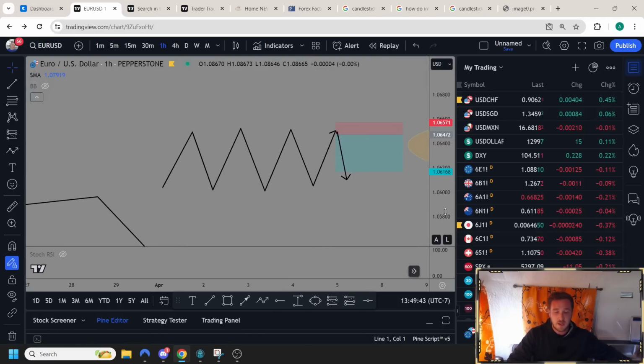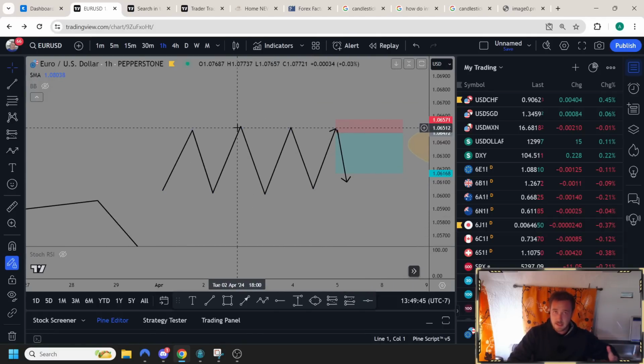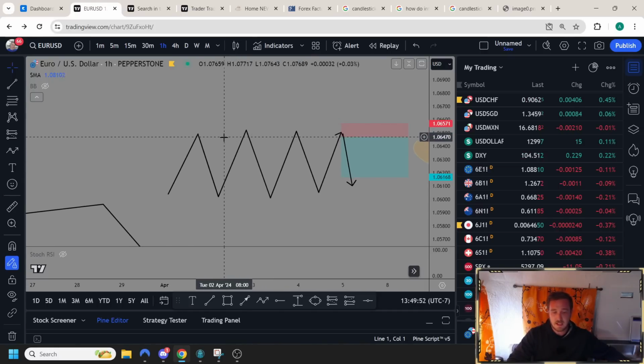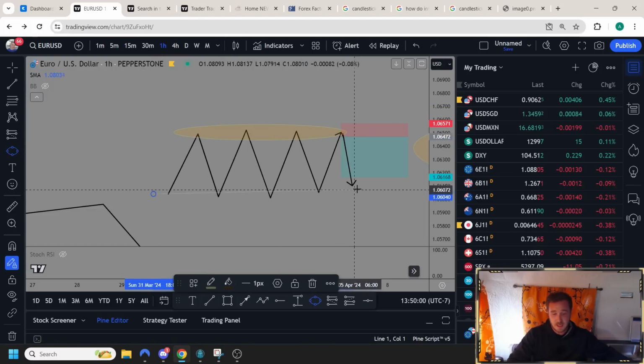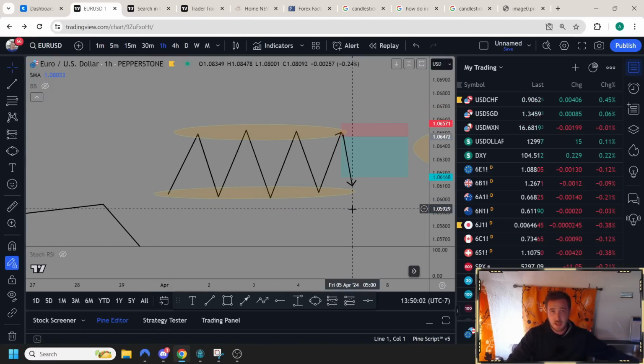But what you want to be aware of is using that higher time frame and understanding where price is in the big picture. So if you're using a higher time frame like a 1 hour, trading a range, then you definitely want to be aware that the last 3 times prices were up there, it sold off. The last 4 times it was down here, prices rallied from there, right?